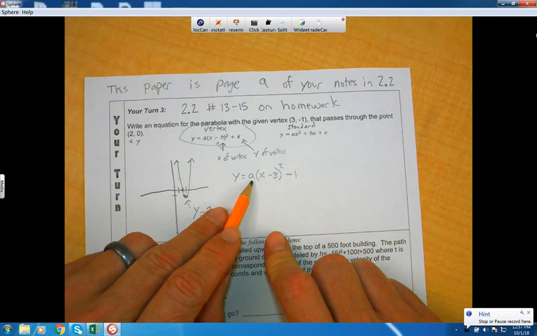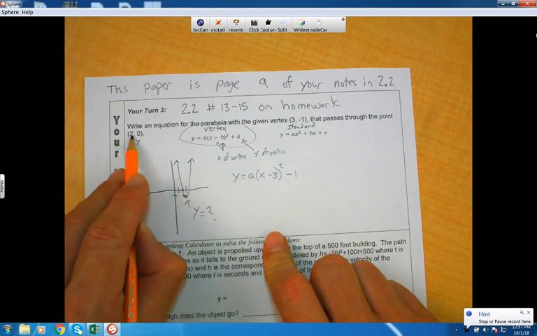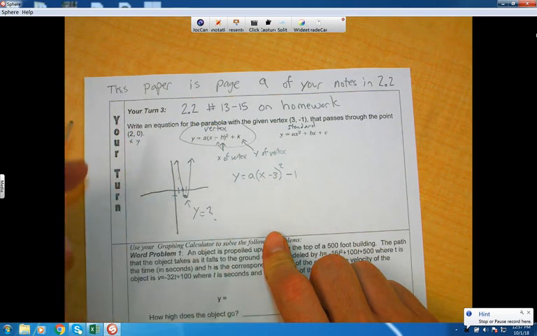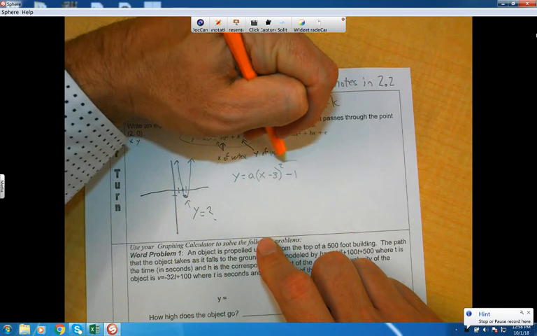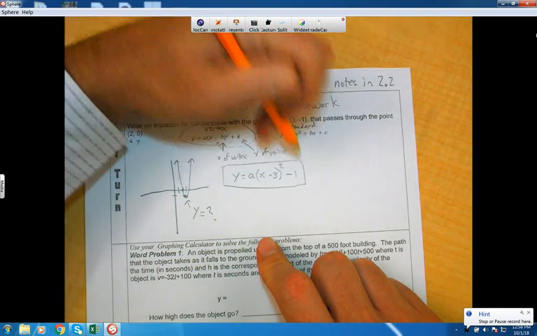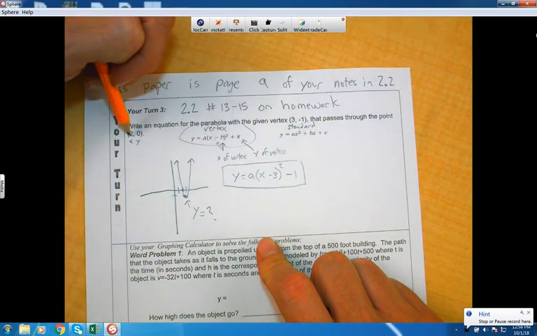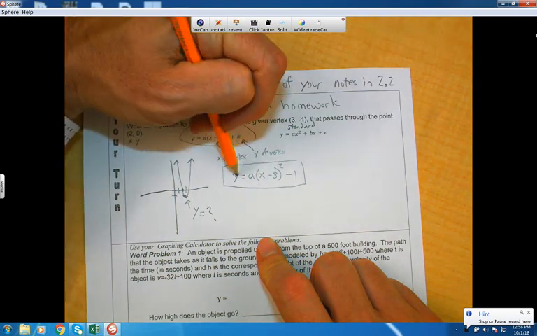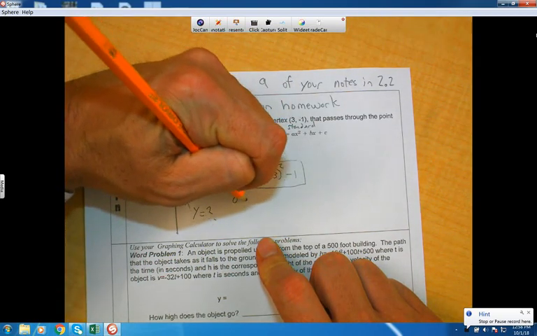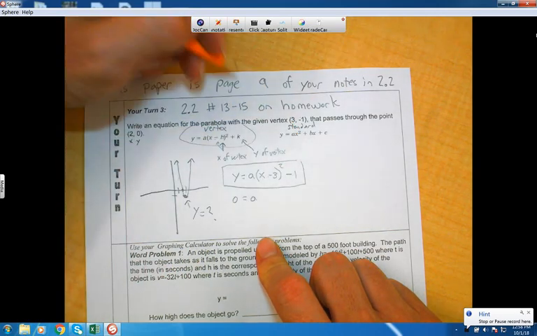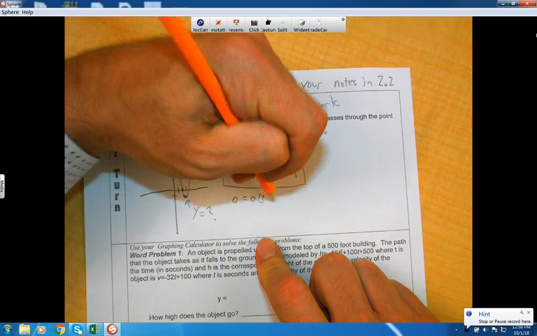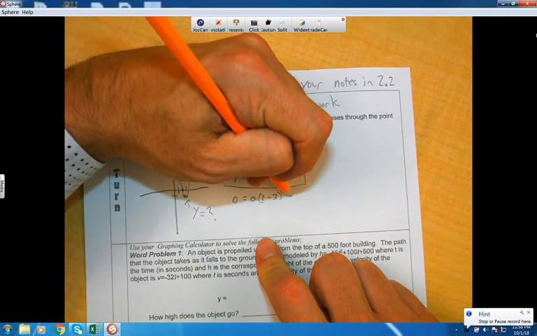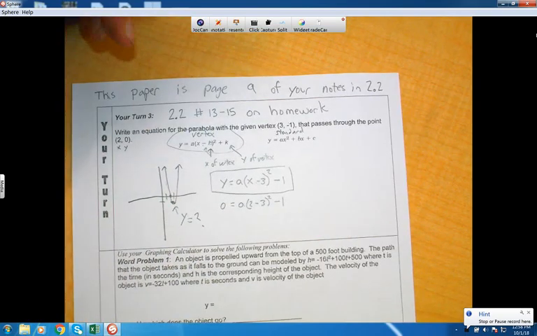So even though I don't know what a is, I do know that if I wanted to, I could put a 2 here for x, and I could put a 0 here for y. So I'm going to do that right now. This would be the answer, but I don't know what a is. So instead, I'm going to put a 2 and a 0 in for x and y. So 0 equals a, wish I knew what you were, parenthesis x, I could put a 2 there if I wanted, minus 3 squared, minus 1.